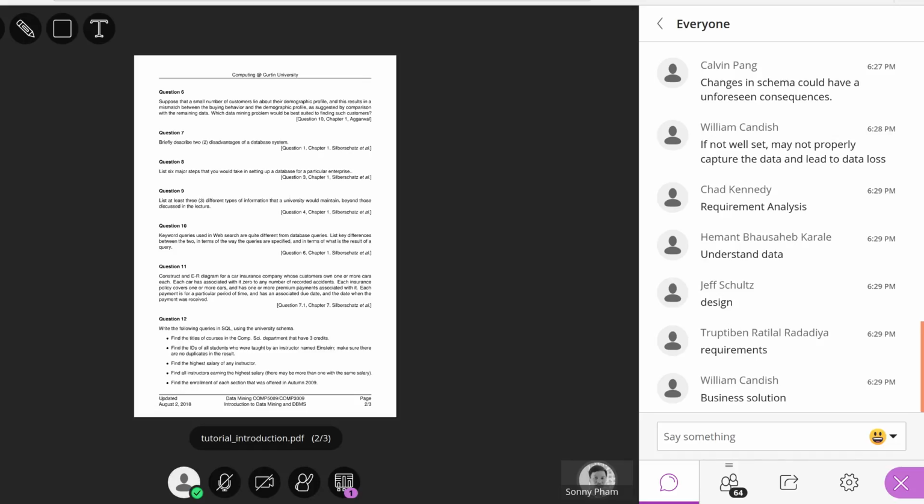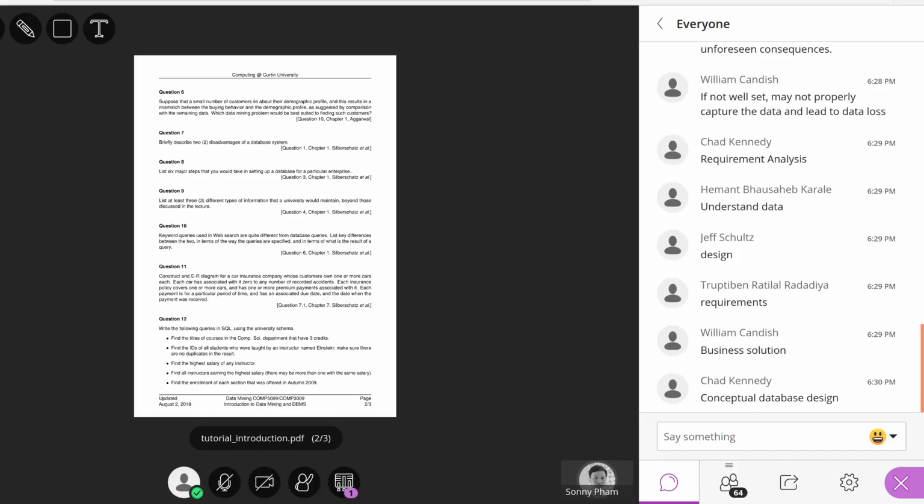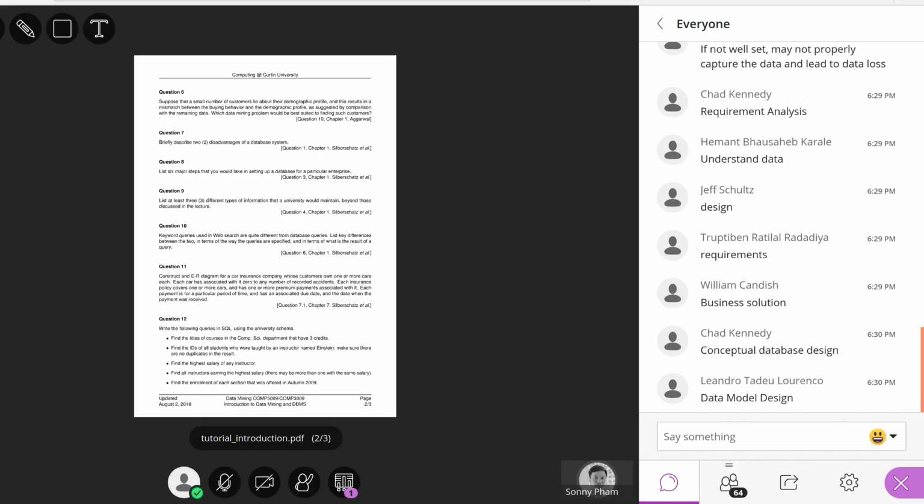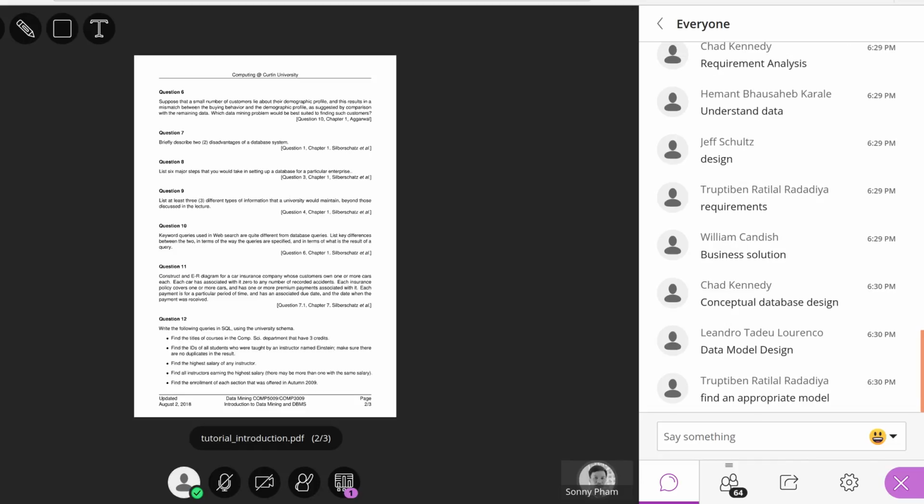What should be the second step? Once you understand the requirements, you understand, for example, different departments, different courses, right? Yeah, conceptual design. Yeah, then you start with a conceptual design. That's what the ER model is all about.